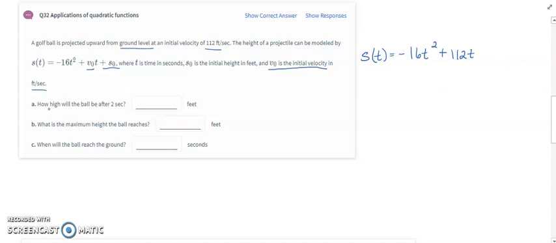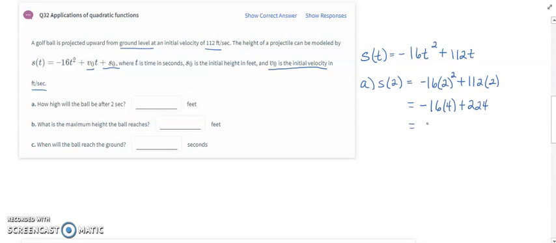So then we want to find how high will the ball be after 2 seconds. That just means to evaluate that function when t is 2. So we would have negative 16 times 2 squared plus 112 times 2. We can plug that into the calculator, but it would be negative 16 times 4 plus 224.